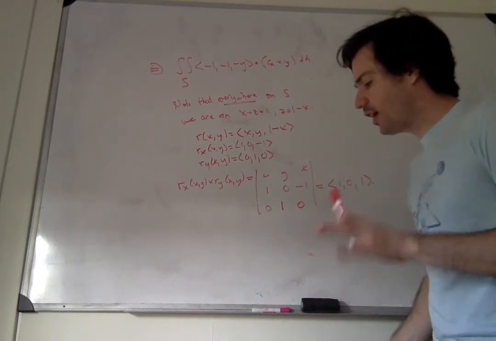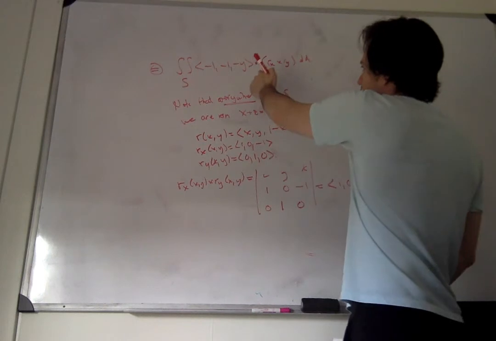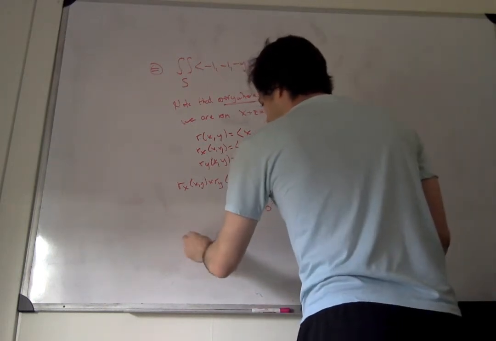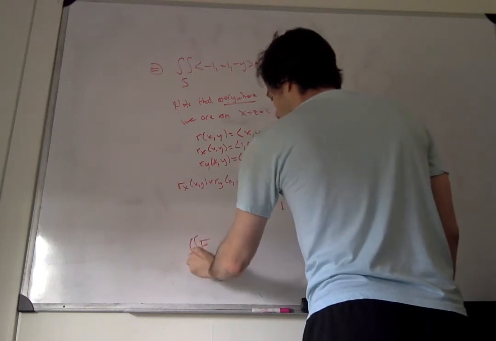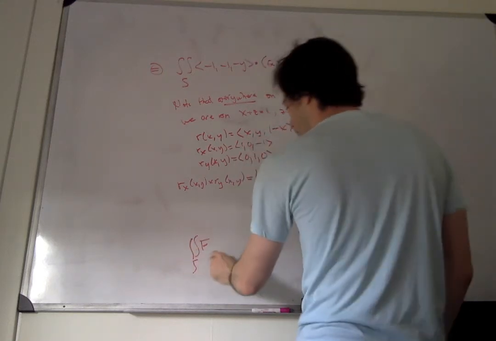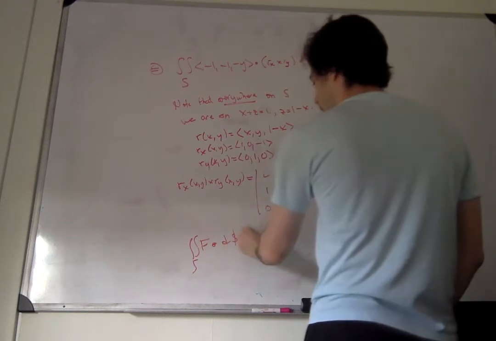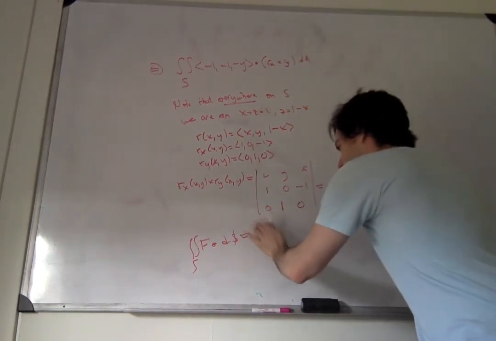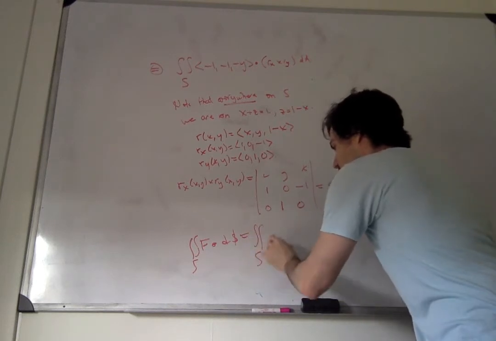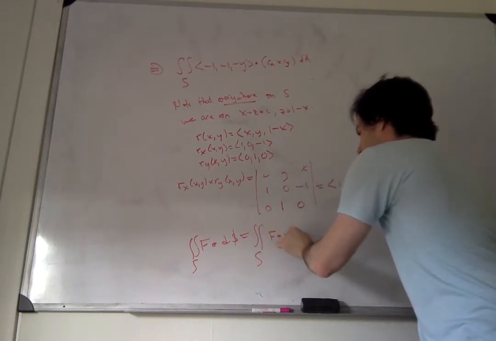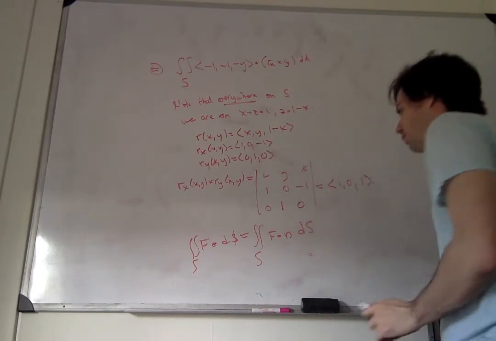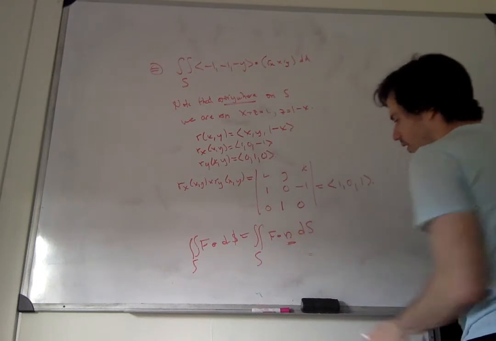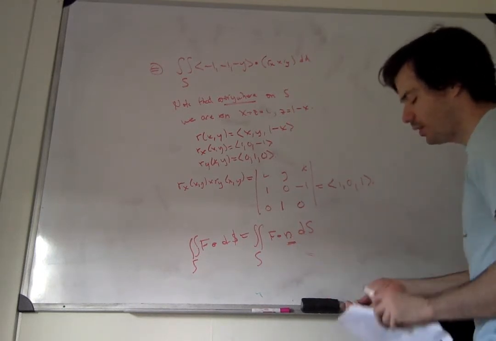Now, some of you are going to use the other formula, where you have the integral over S of F dot n dS, right? Now here you have n. What's the thing about n?